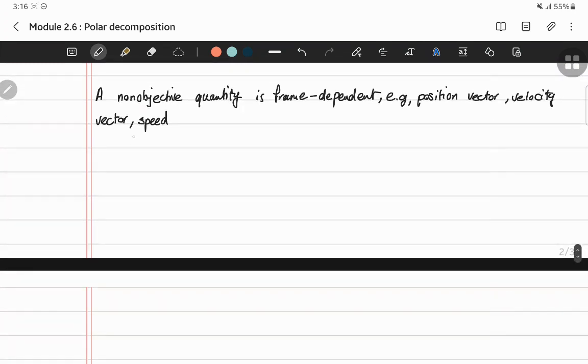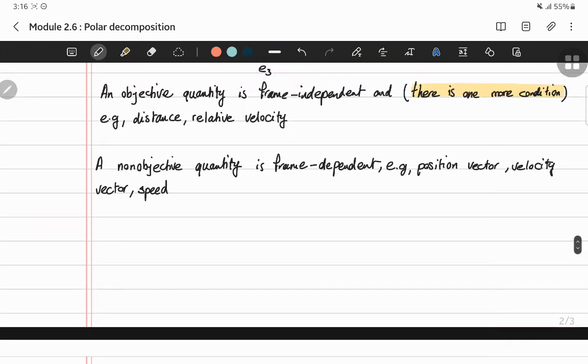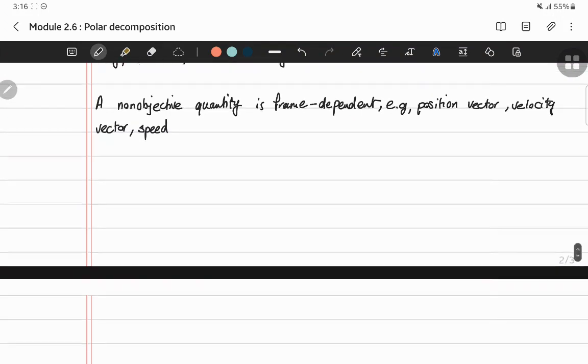Yes. So for this one, to give you an idea, a scalar field like distance could be independent, but also frame dependent. So it depends. So we can say that, okay, any scalar field is frame independent.